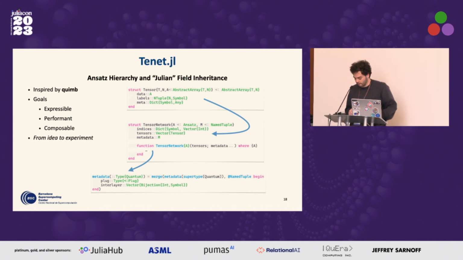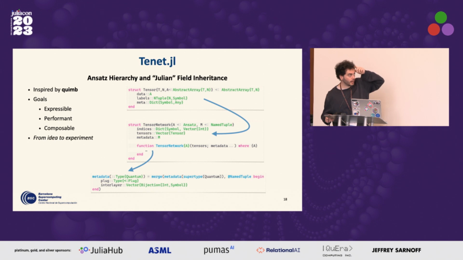For example, if you have a quantum tensor network, you need information about sites and about direction. You need some extra metadata apart from the graph. So you include this as part of the type system. And you can also inherit this metadata and constructor.